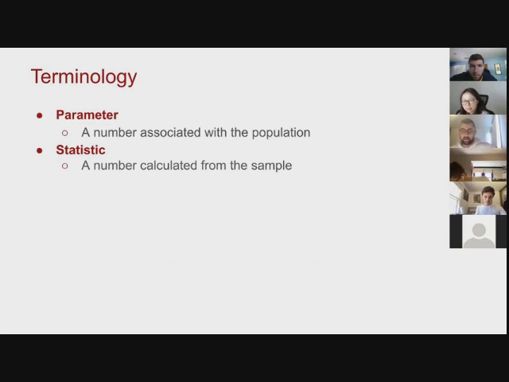So if we're talking about the mean statistic, we're specifically talking about the sample mean. If we're talking about the mean parameter, we're specifically talking about the population mean. We differentiate those two as early as we can so that later on we know exactly what is known, what is unknown, and what we're using to estimate what.